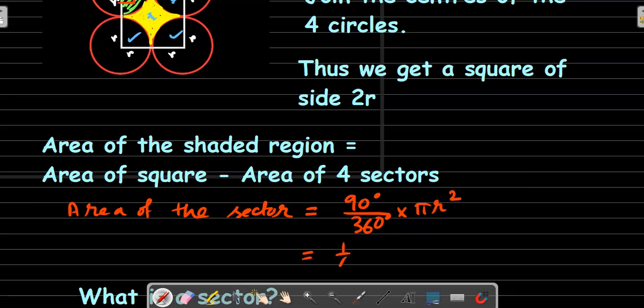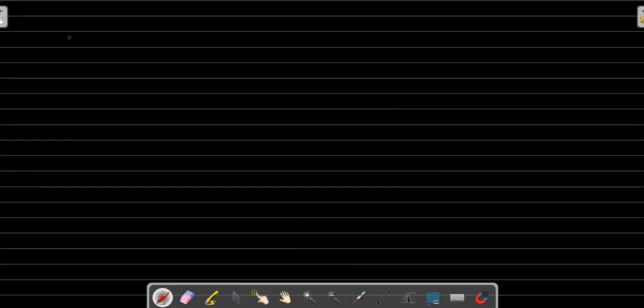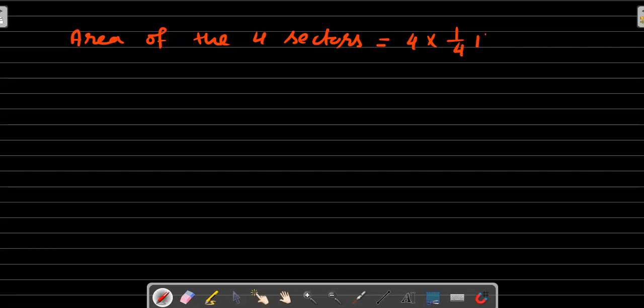So we get 1 by 4 pi r square. This is area of one sector. Area of the four sectors is equal to 4 into 1 by 4 pi r square. So that is pi r square.